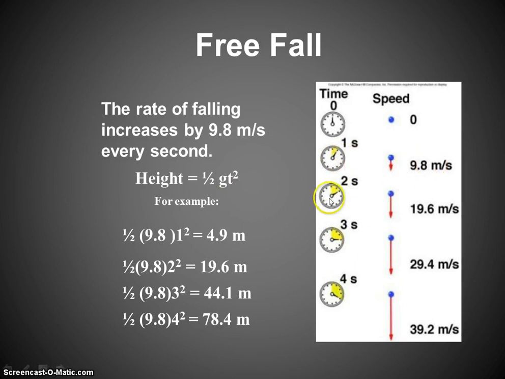After falling for 2 seconds, you will be going at 19.6 meters per second. After falling for 3 seconds, it'll be 29.4, and after falling for 4 seconds, it will be 39.2. So you can see an object in free fall on the Earth accelerates 9.8 meters per second squared.